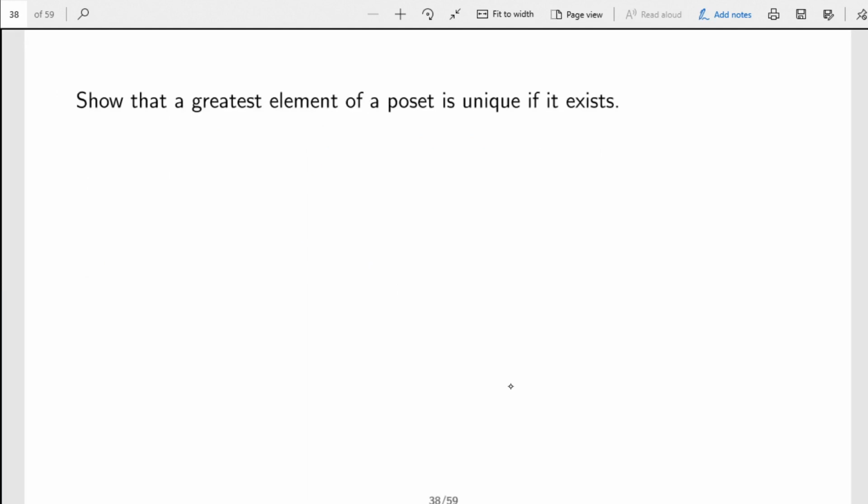Now, for the final question in the exercise, you are asked to show that the greatest element of a poset is unique if it exists.